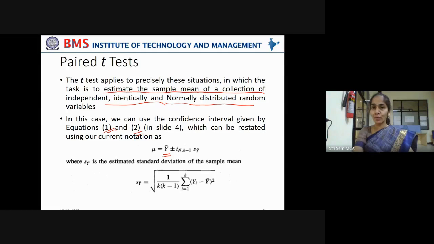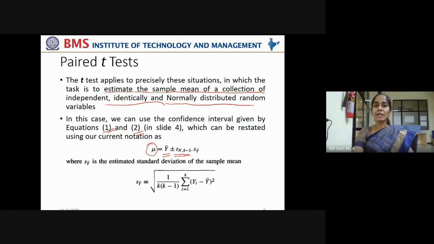Because delta is following the distribution as y, we are simply writing it as y bar plus or minus the critical value t calculated at n% confidence interval and k minus 1 degrees of freedom multiplied by s y bar, the standard deviation of this mean y bar, that can be taken to calculate mu.